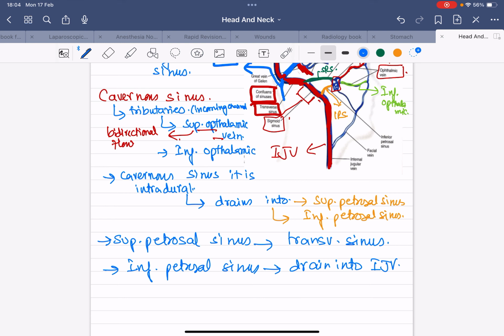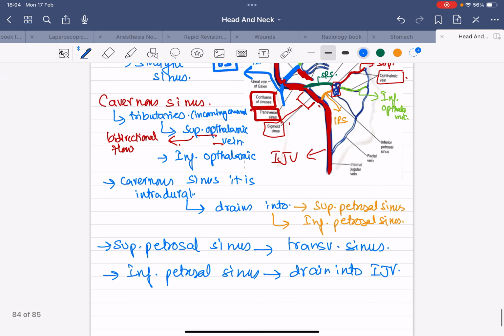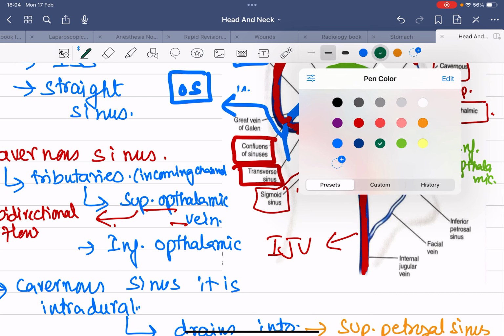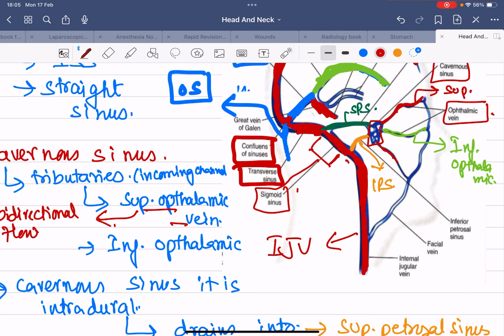So this is how the whole drainage goes. This cavernous sinus also drains here into this vein, your inferior petrosal sinus.